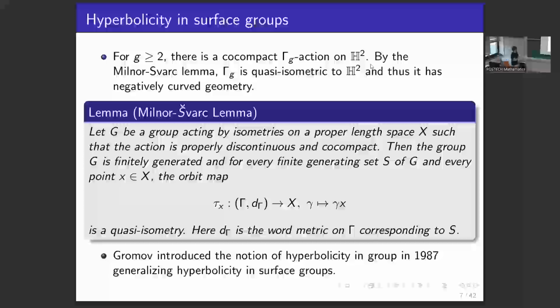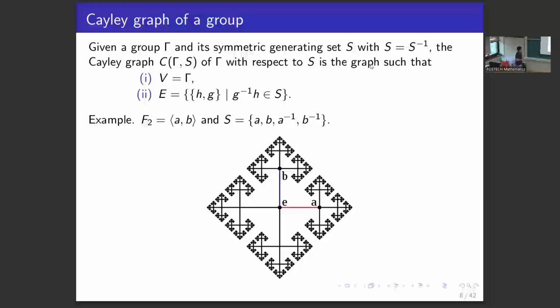Gromov generalized this idea. He introduced the notion of hyperbolicity in groups in 1987, generalizing hyperbolicity in the surface group. So write this: this is a Cayley graph. Given a finitely generated group Gamma and a symmetric generating set X, you can define a Cayley graph like this.